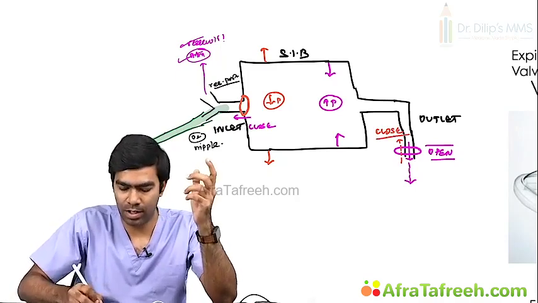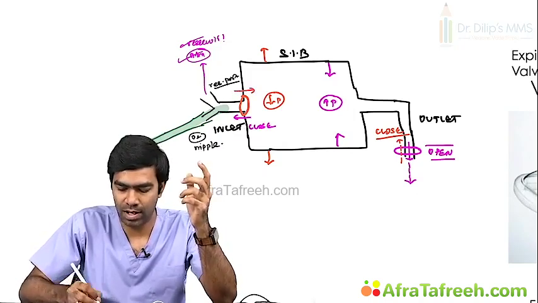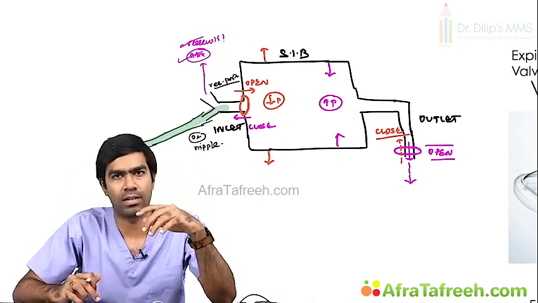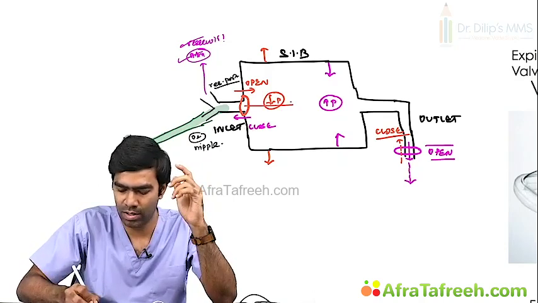At the same time, it is going to open the inlet valve when the bag self-inflates. So this time the gas will flow into the ambu, which means when you are compressing, gas flow will be only outside. When you are releasing, gas flow will be into the bag.